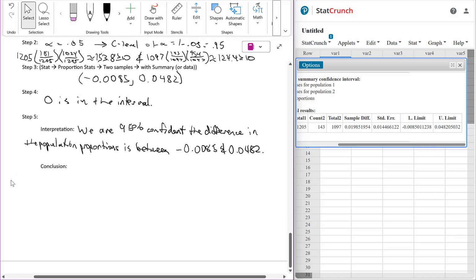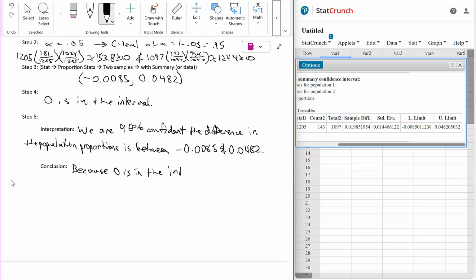We can say because 0 is in the interval, we do not reject the null.